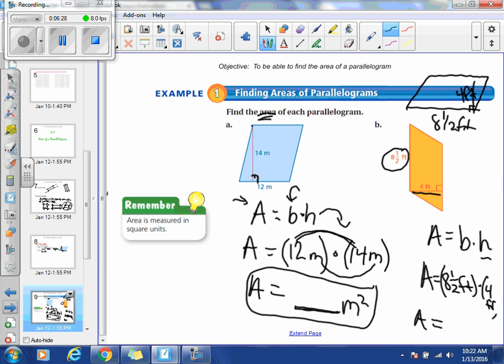I suspect that you on your own can figure out what 8.5 times 4 is. And if you need to use a calculator for that, that's fine, 8.5 times 4. But I'm going to remind you that we're also taking feet times feet. And anything times itself like that, we can write with an exponent of 2. So our answer is going to be whatever 8.5 times 4 is, and we're going to label it feet squared.